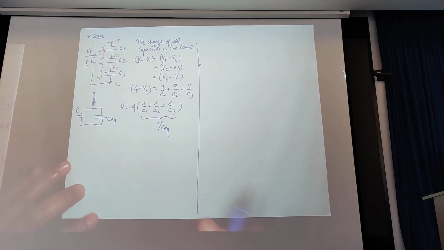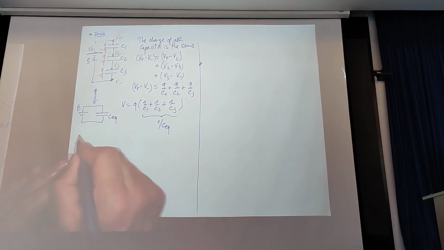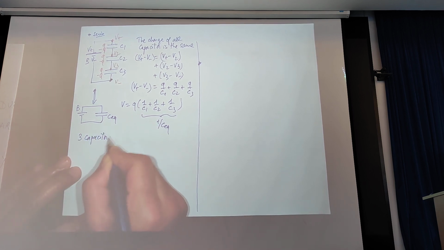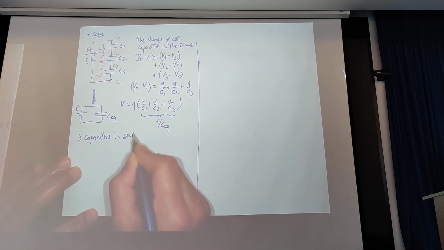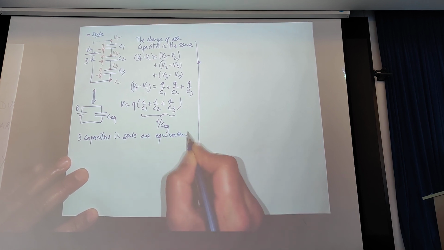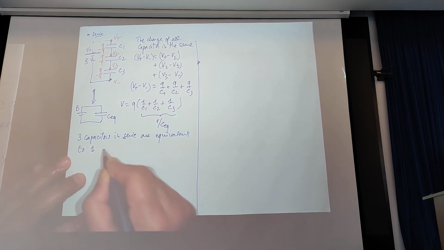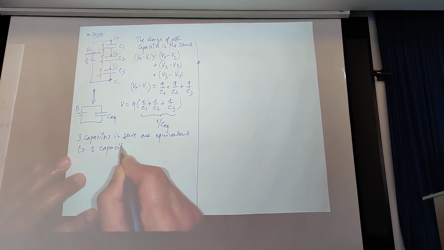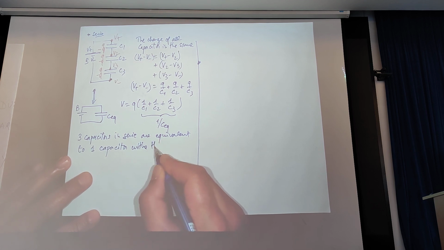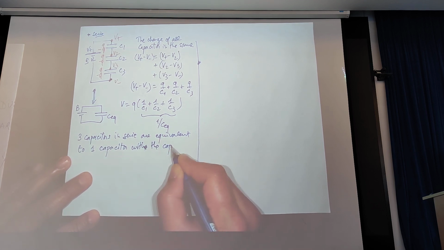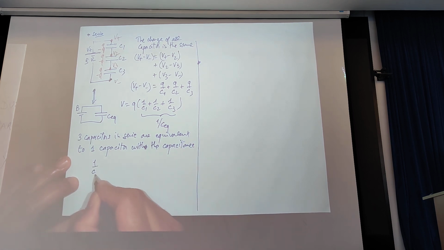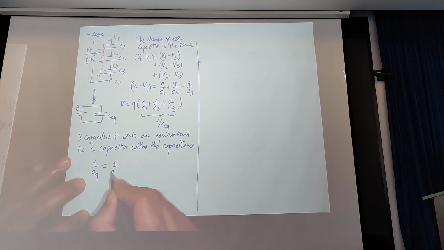Okay, so in other words, three capacitors in series are equivalent to one capacitor with the capacitance given by one over C equivalent equals the sum.